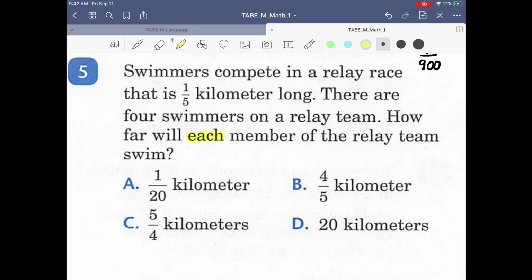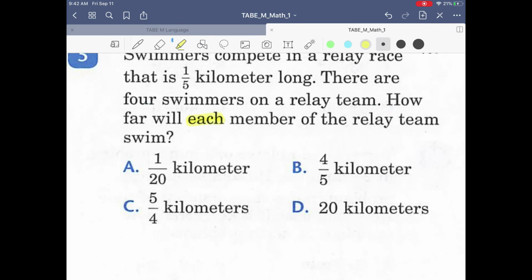In a relay race, a person, in this case swimmers, if this is the entire race course, which we know to be 1/5 of a kilometer, so this entire distance is 1/5 of a kilometer. In a relay race, each person takes an equal amount of the race.